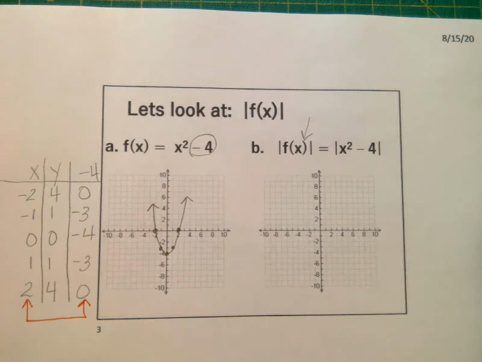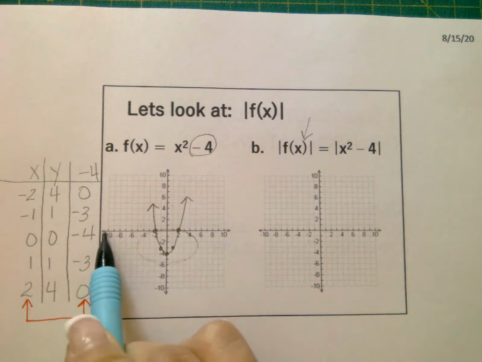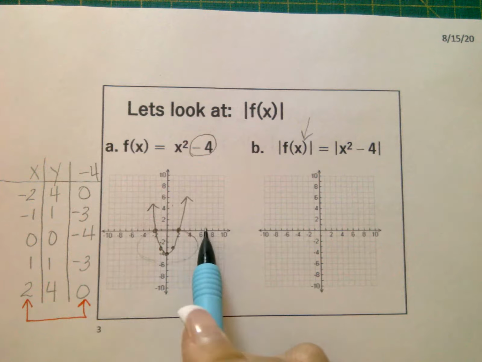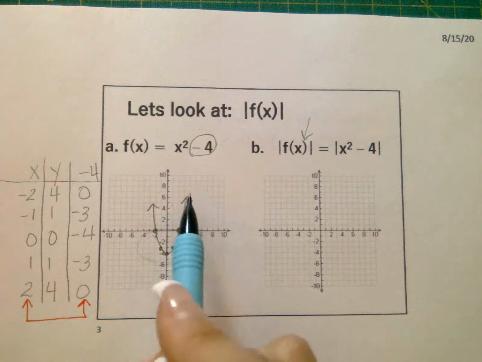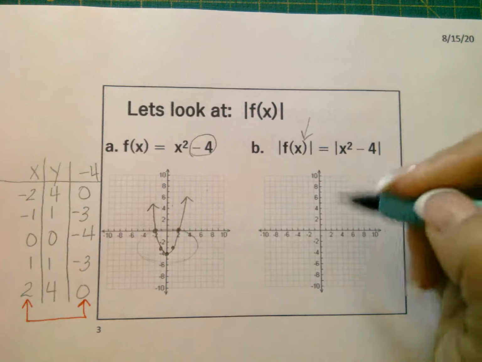So the rule says anything below the x-axis in the original function is going to get reflected up to the top, and anything on the x-axis or above it will remain unchanged. So I like to first recreate whatever points are on and above the x-axis.